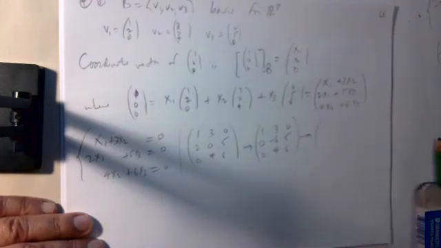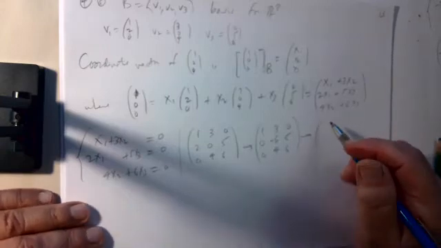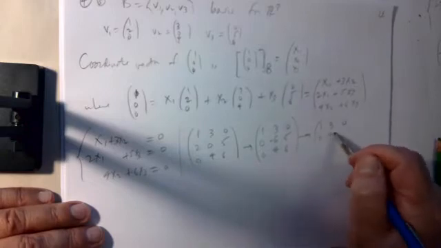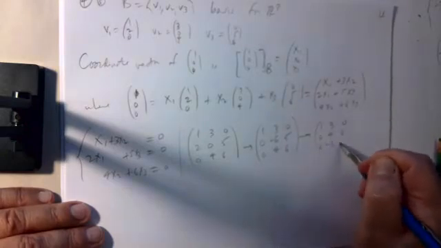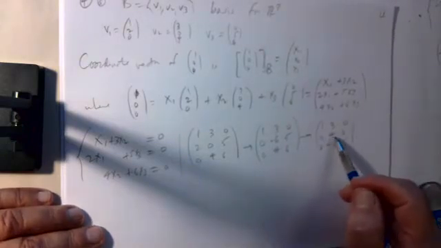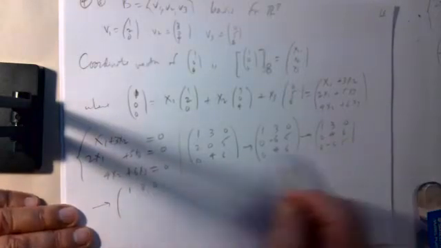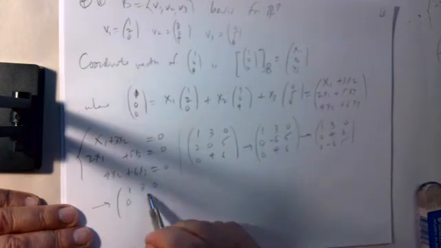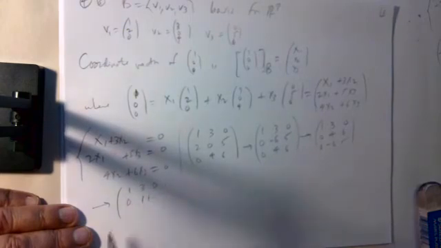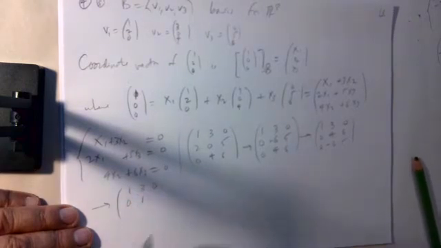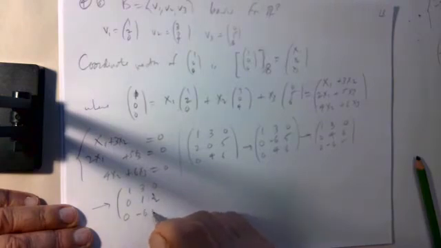Then just to make things slightly easier, I'm going to interchange these two rows, because then when I get this to be a 1, I have a small denominator. Divide this by 4, I get 0, 1, 6 over 4 is 3/2.